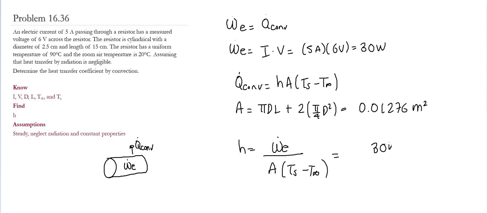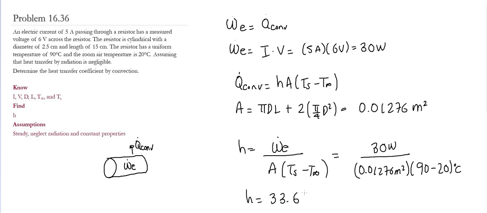So this is 30 watts, the area is 0.01276 meters squared, the surface temperature is 90 and the ambient temperature is 20, and this is Celsius. And we find that the value of h is equal to 33.6, and the units are either watts per meter squared Celsius, or you could also write it as watts per meter squared Kelvin. Both of those units are equivalent to each other.